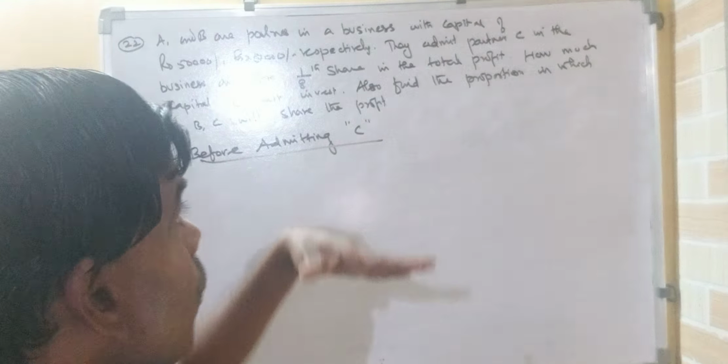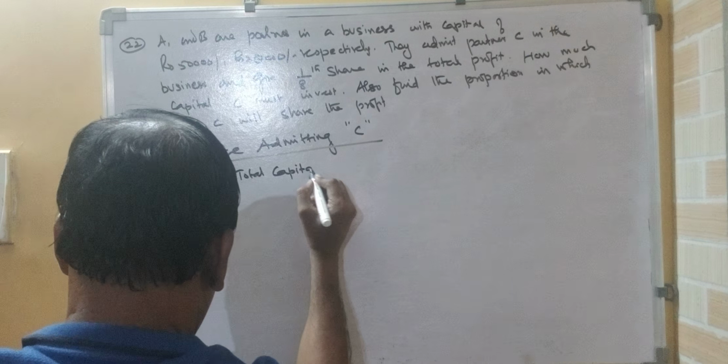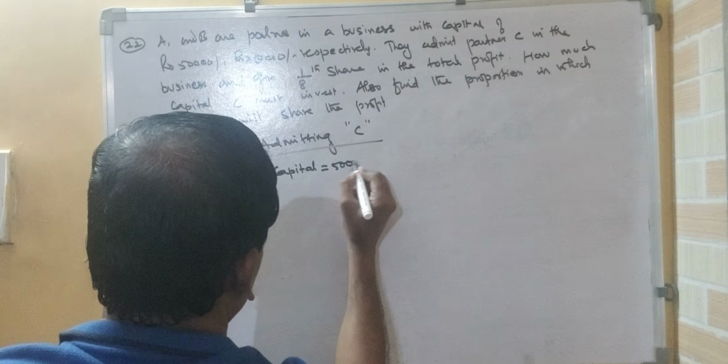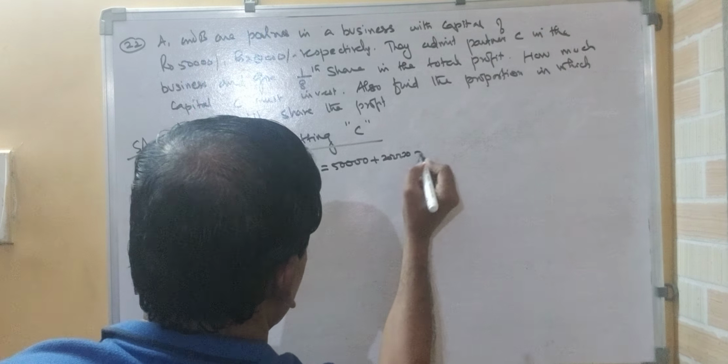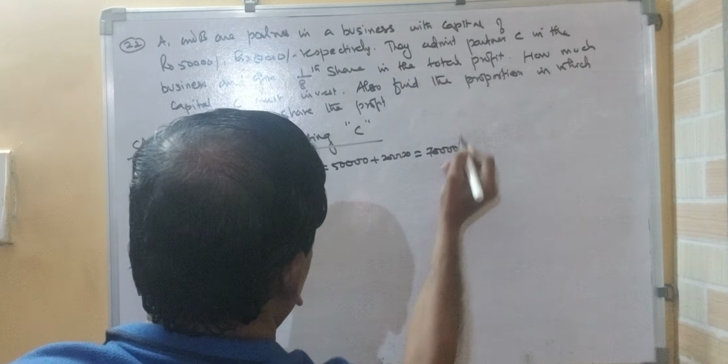So we'll forget C now. Before admitting C, what was the scenario? So before admitting C, what was the total capital? Equal to 50,000 plus 20,000 equal to 70,000.